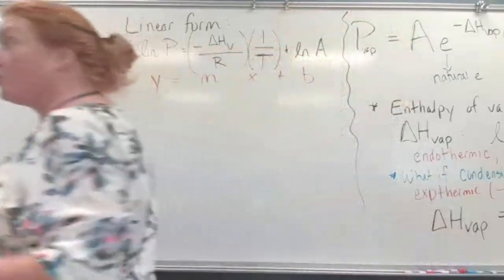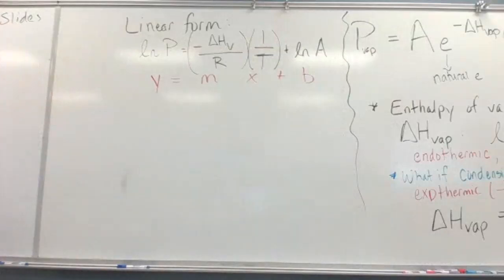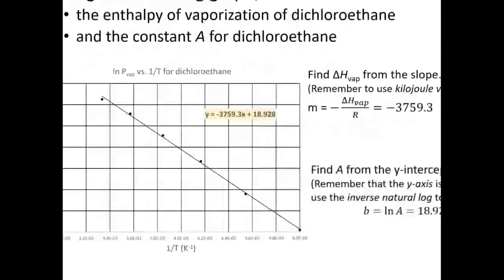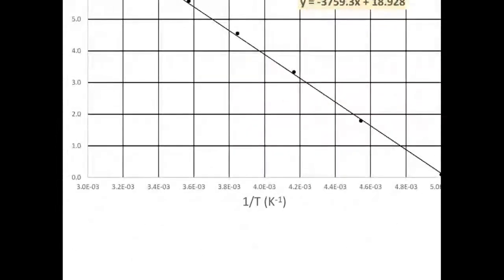Is it just pressure, or is it the natural log of pressure? It is absolutely the natural log of the pressure. What is on the x-axis? Is it just temperature, or is it 1 over the temperature? And so the units down here are not Kelvin, they're inverse Kelvin, right? We just have to keep in mind what we're actually working with.